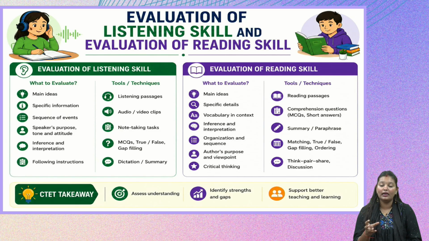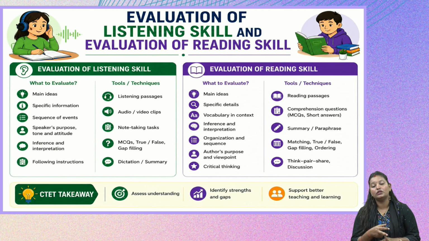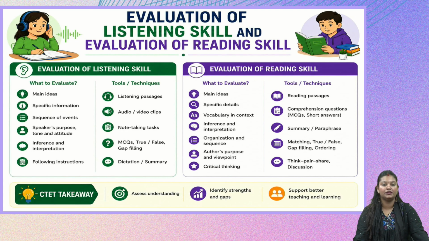It will also help us to match various groups after we have read, identifying key concepts and their key characteristics and then matching them. The children can also read, think about it, and then share and have a discussion in the classroom. So the key takeaway is that we need to understand their understanding, identify their strengths and gaps, and also support them to learn better.